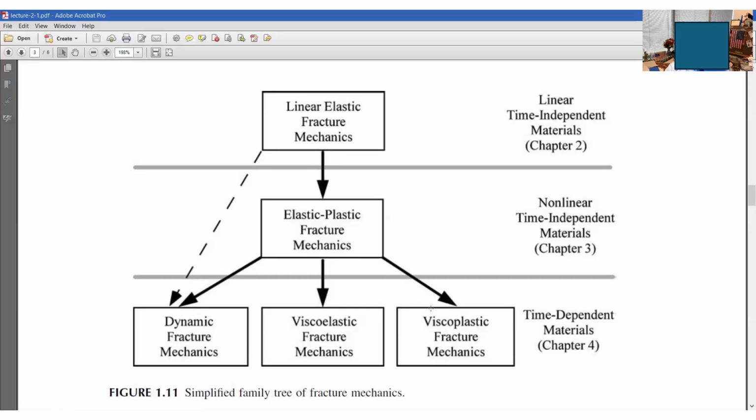So the strain rate is very, very important for these because of the viscosity. So this is what this picture says. As I told you guys, we are going to focus on these two chapters, and also dynamic fracture mechanics, and we will learn this chapter also, but based on linear elastic fracture mechanics.